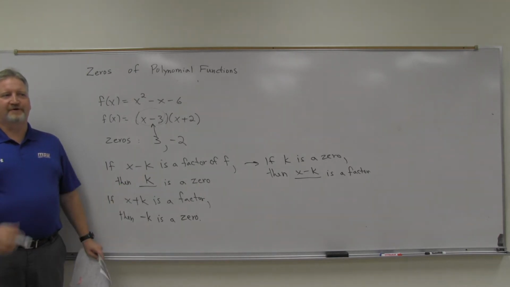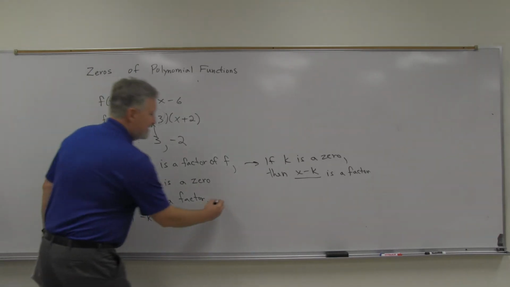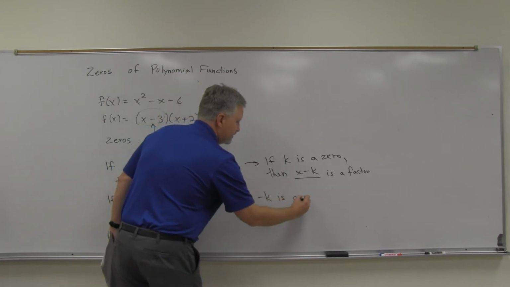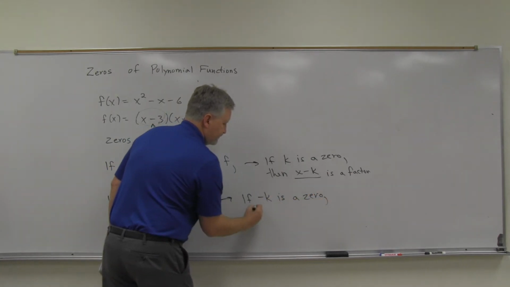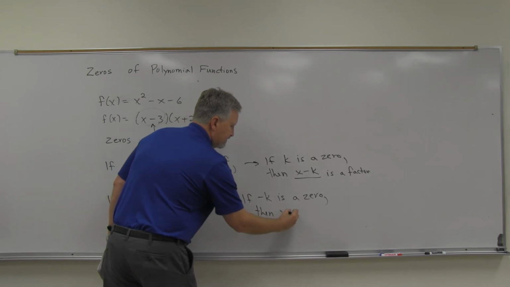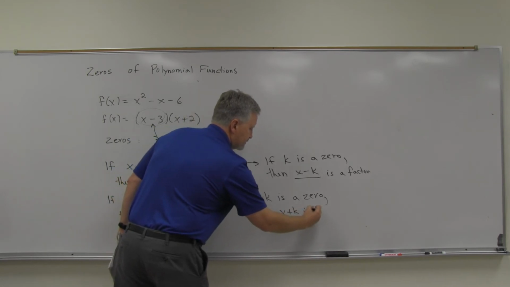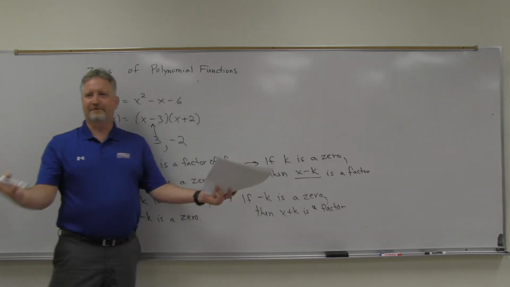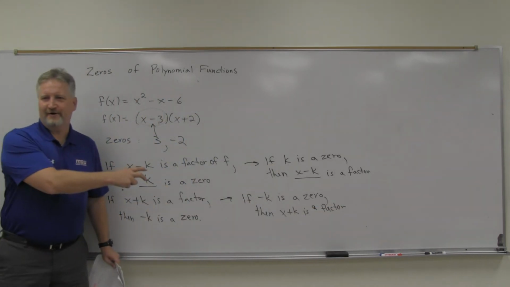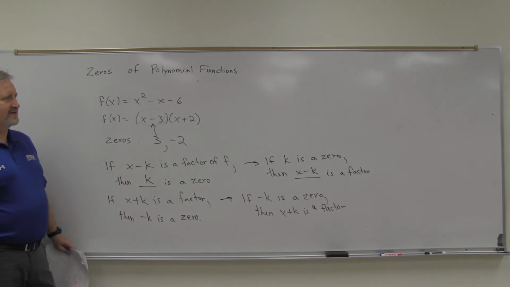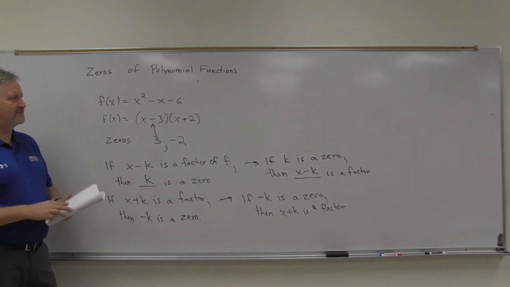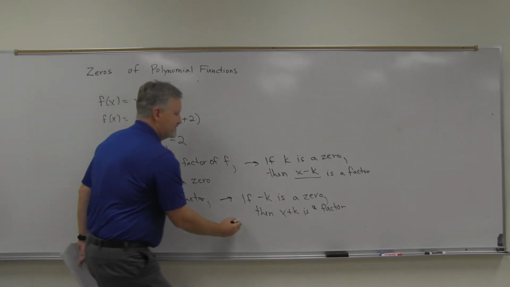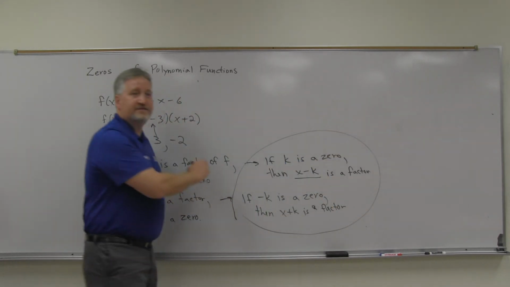That's really what I'm going for because of what we're going to do next. If minus k is a zero, then x plus k is a factor. So the converse works too. And that's what we're going to need for the next round of problems. Any question about that? Is that okay?